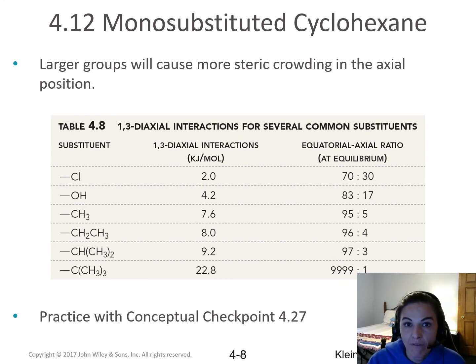If you have more than one substituent on a cyclohexane, the most stable conformation will have the larger substituent in the equatorial position rather than the axial position. We'll work through one of the skill builders in the next set of slides to look at that.